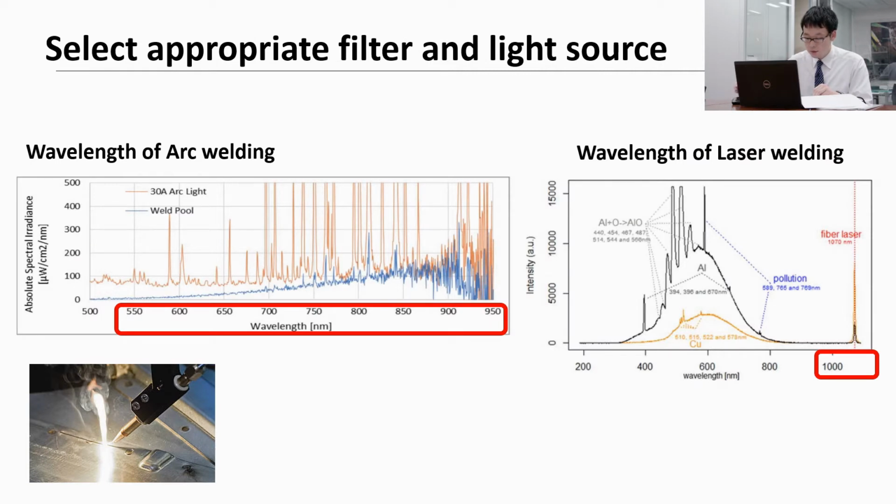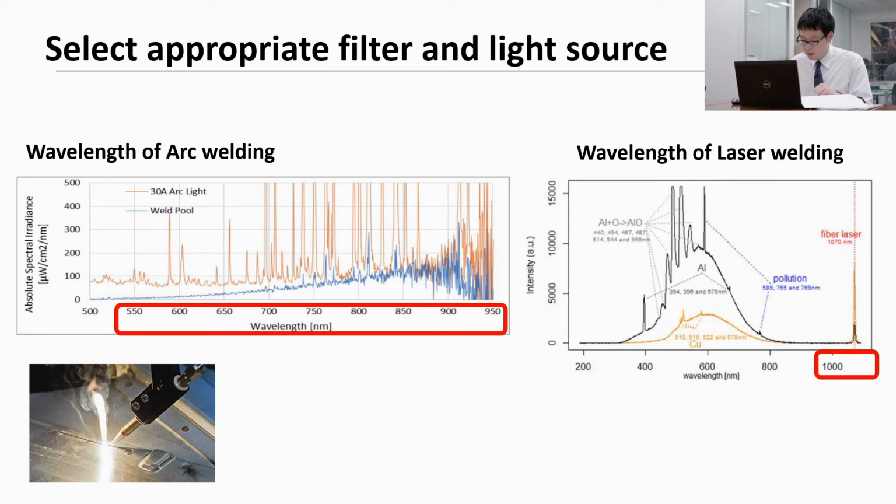This graph shows the general spectral characteristic and wavelength range for arc welding and laser welding. The left graph is about arc welding. In arc welding, the light of the arc emits a wide range of light from the visible range to the infrared range. The right graph is about laser welding.